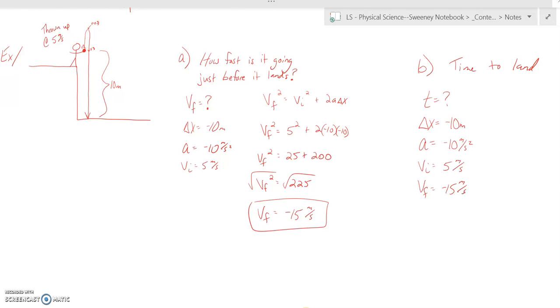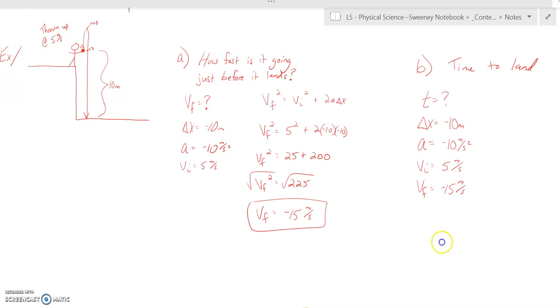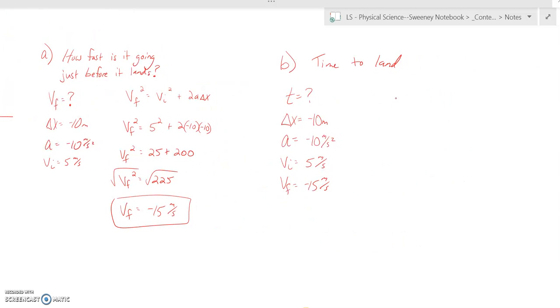And this really opens the door because we have lots of pieces of information here. We can use them to solve for time. There's several equations you could use. I'm just going to use our delta x equals (VF plus VI) over 2 times t equation. So plugging in the numbers, negative 10 is the displacement, final velocity is negative 15, initial is 5.